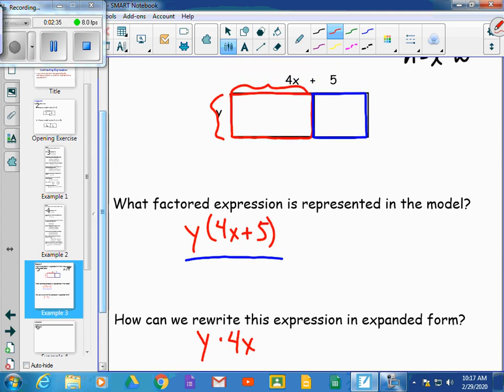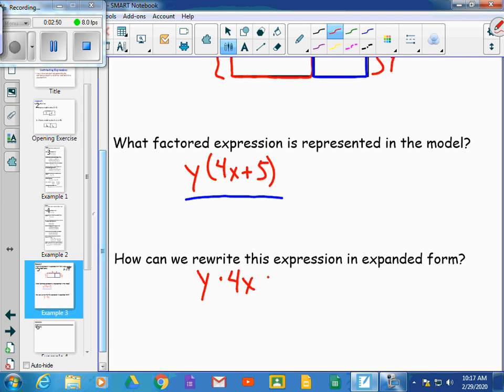And then we can find the area of this blue rectangle. Notice that it's the opposite side here, so the length of that rectangle is y, and the width of this is 5. So length times width would be y times 5. And then we could put them together. So I'm going to clean it up a little bit here.